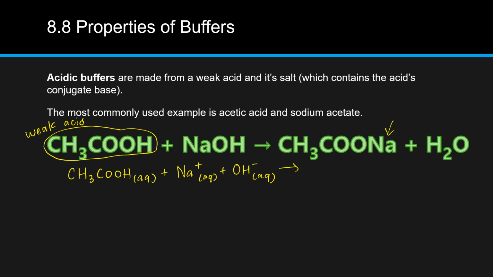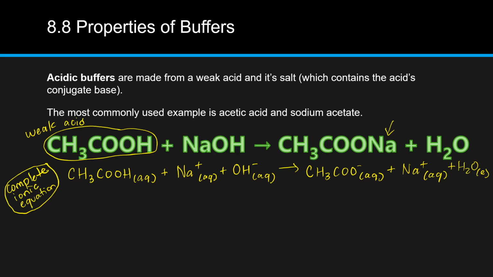So that is going to have acetate, CH3COO minus dissolved in water, and sodium ion dissolved in water. And then we have liquid water, which pure liquids do not dissociate into ions. So that is going to stay together like that. So this is what's called our complete ionic equation.